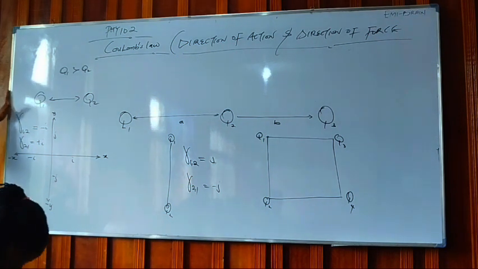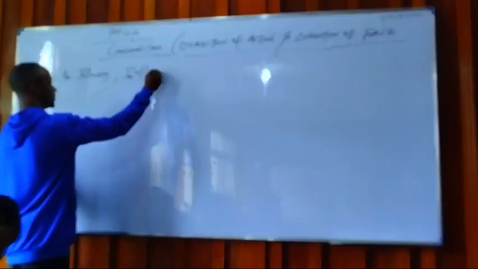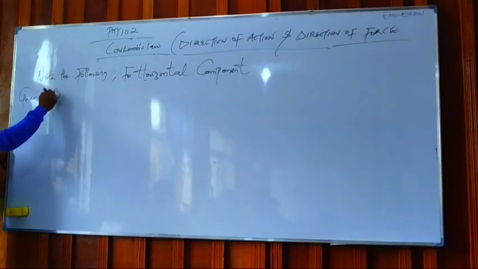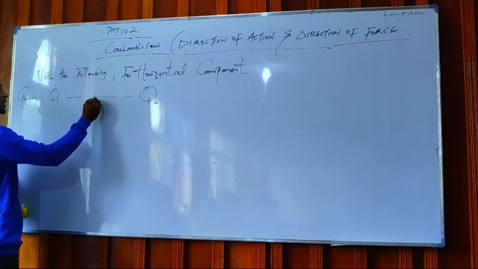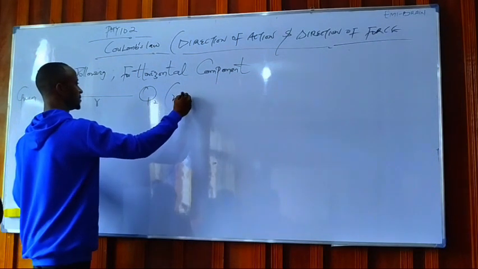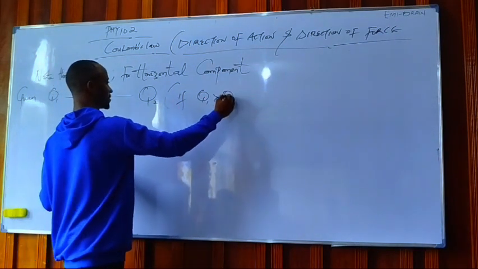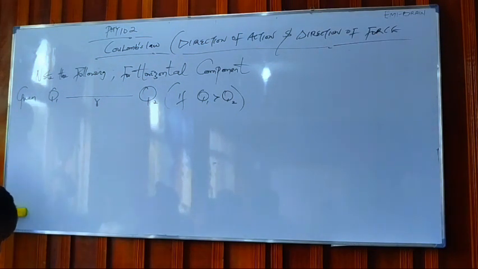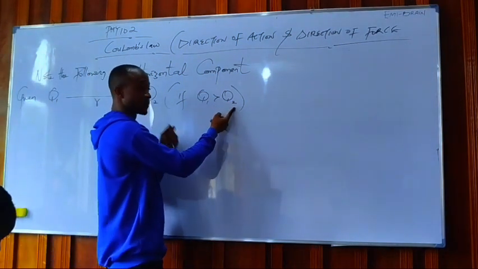Yes. Okay, now put this down. If we have this given Q1 separated by Q2, and the distance of separation is R, then if Q1 is greater than Q2, that means the direction of action will move from Q2 to Q1.